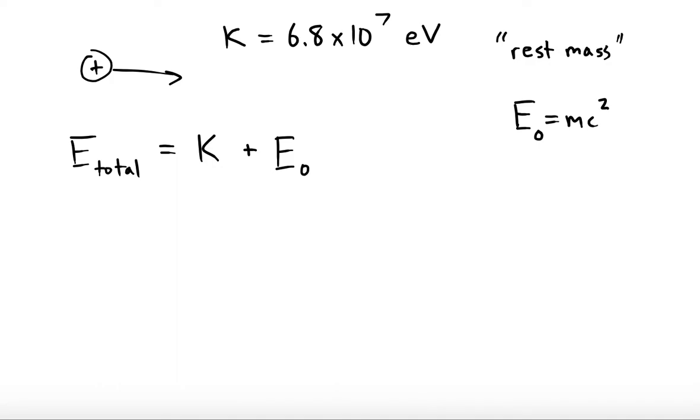It can also have kinetic energy, is the idea. And so the K term is the kinetic energy that it has, but it is relativistic. And then it can also have this E naught, which is called the rest mass.